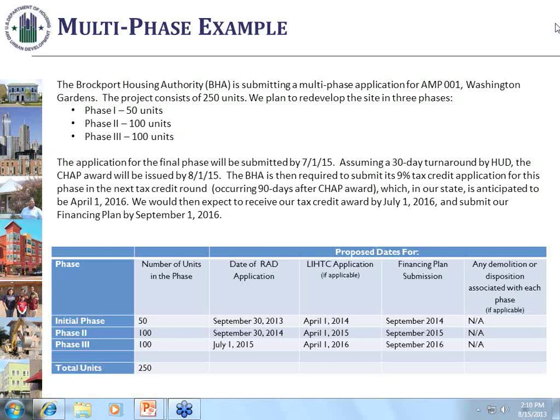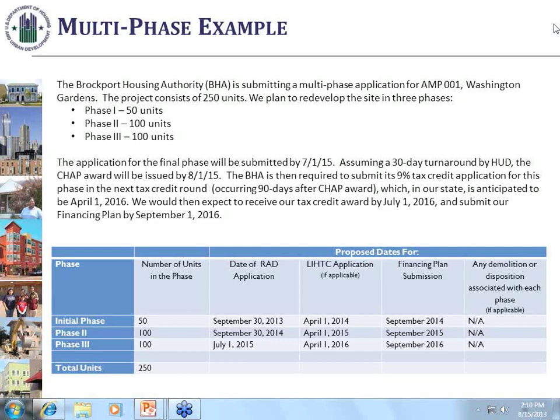When PHAs have a multi-phase project, although we haven't put it on our website yet, we're going to make available to you a template, or a suggested Excel spreadsheet, that would contain very much what you see on this sheet right here. We'd ask you to submit it, so it explains to us the key steps in terms of the phases: when you're going to give us the application, when is the LIHTC application, and therefore roughly when the financing plan would be.